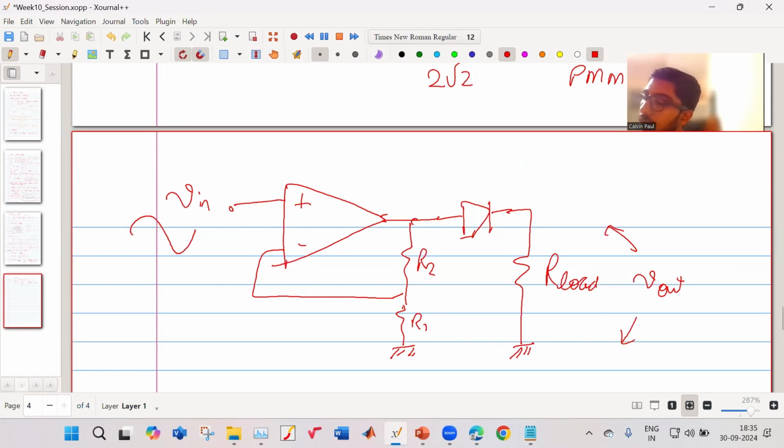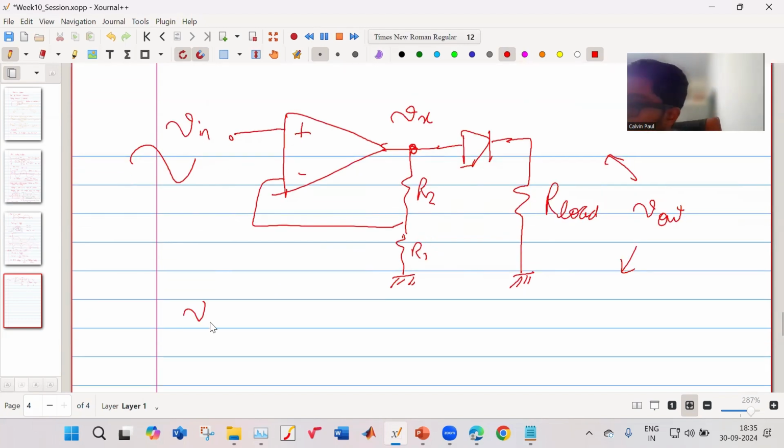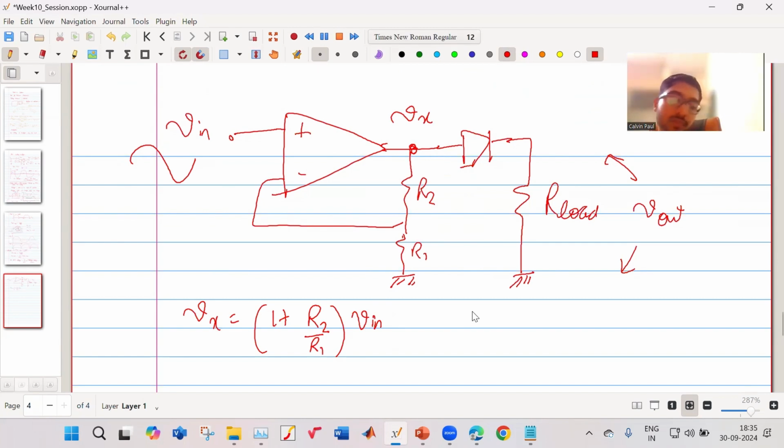So over here, what will be the voltage? Over here at Vx, Vx will be equal to 1 plus R2 by R1 into Vn, right? But what is my V output?